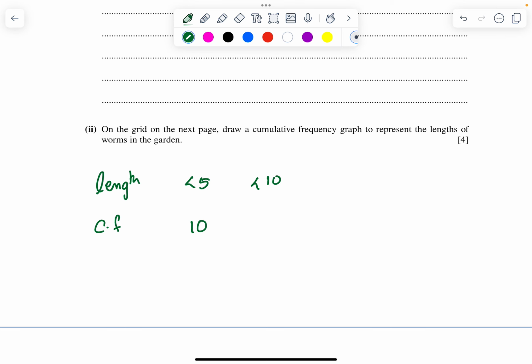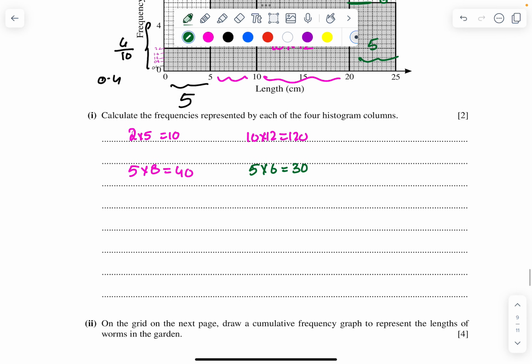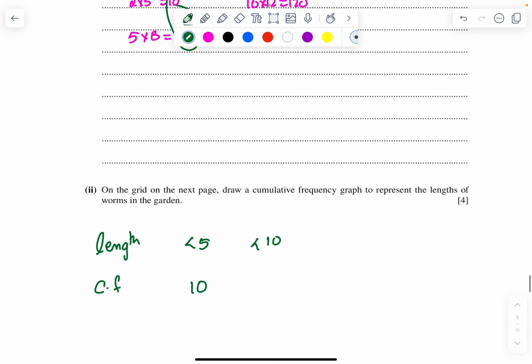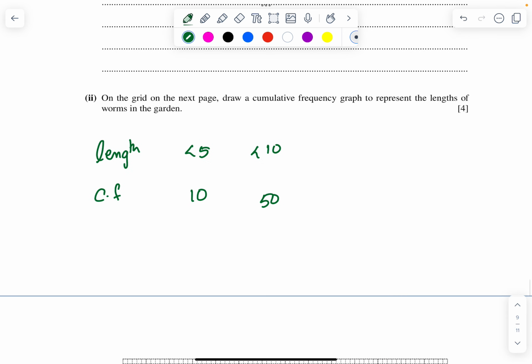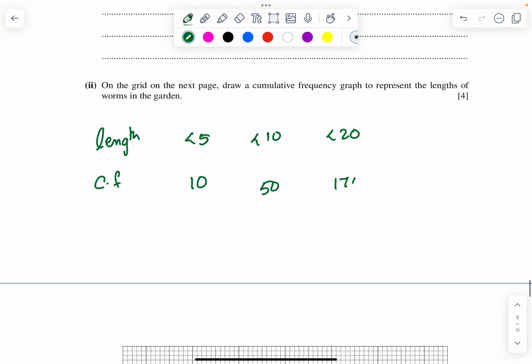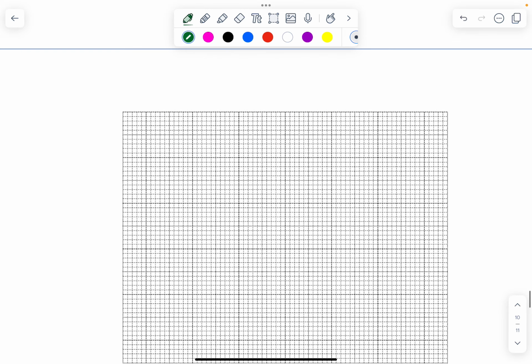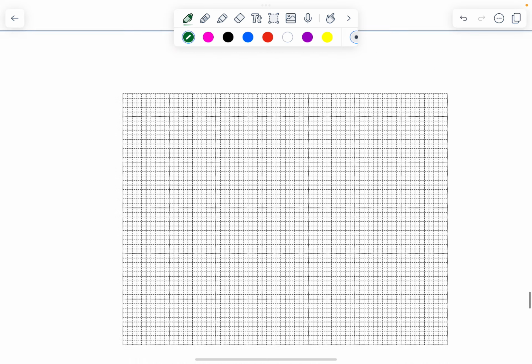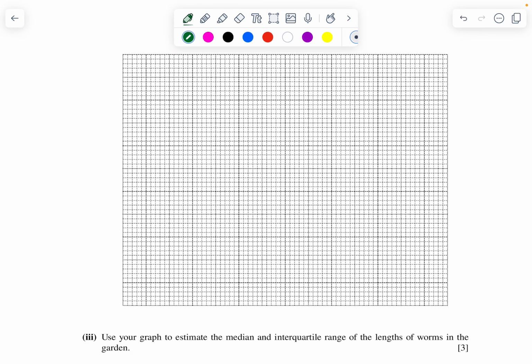Less than 10, how much do I get? 40 plus 10, 50. Then less than 20 will be 50 plus 120, which is going to be 170, and less than 25, all the remaining, totally 200. So I'm going to draw the cumulative frequency graph for this.